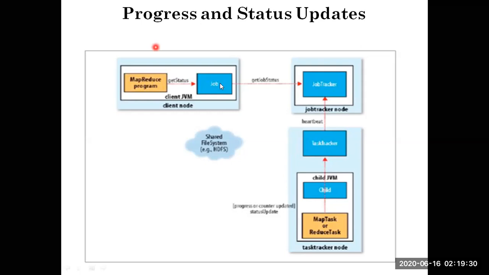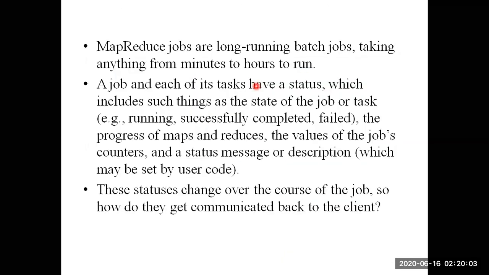So it is the diagram which we have seen in the anatomy of MapReduce, but here you can see a slightly different version where you can get the status of your current job, whether it is alive or not. So the MapReduce program passes the request, get status, then get job status from the job tracker, then it is passed to the task tracker node from where you are going to get the response, from where you are going to get the update.